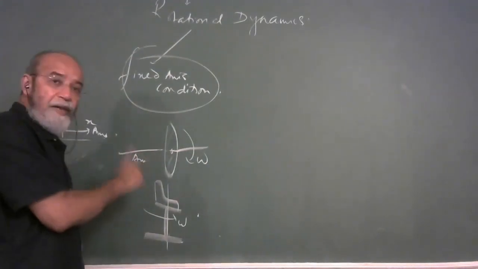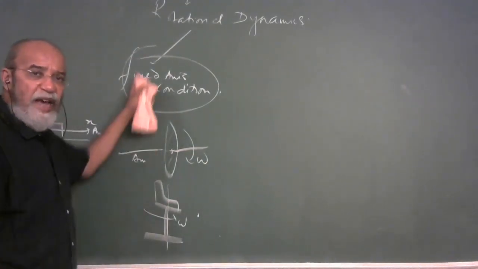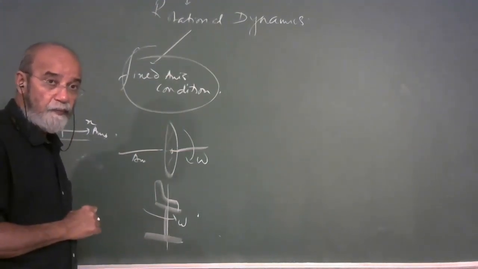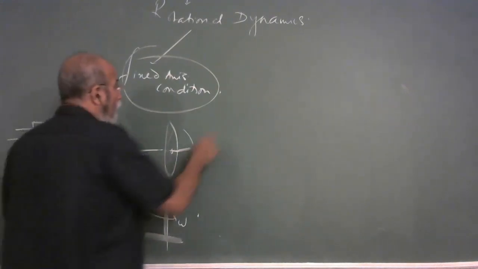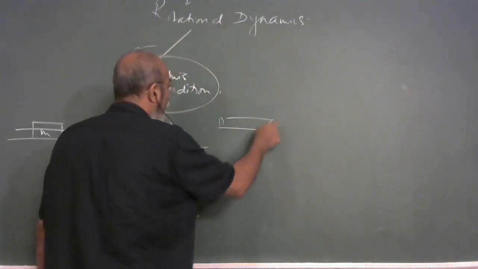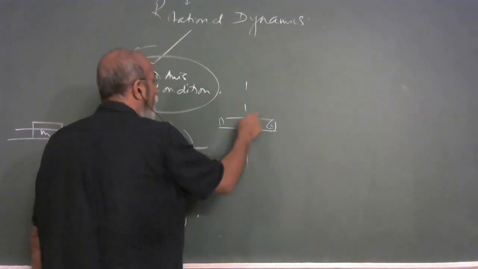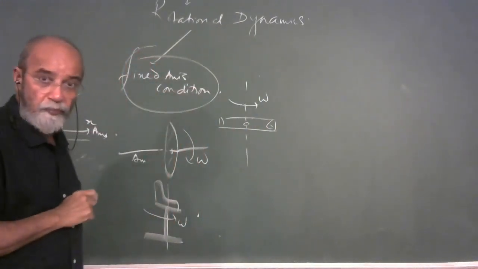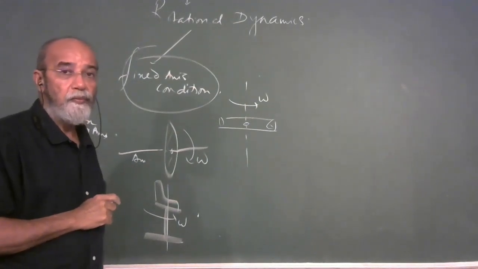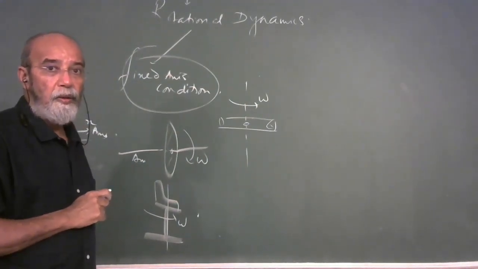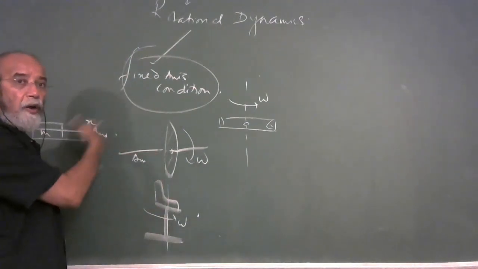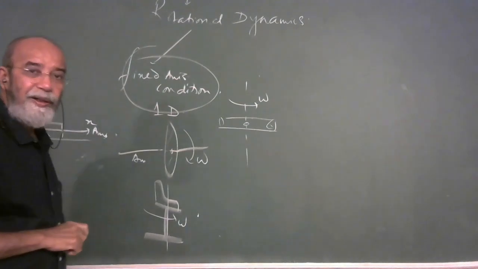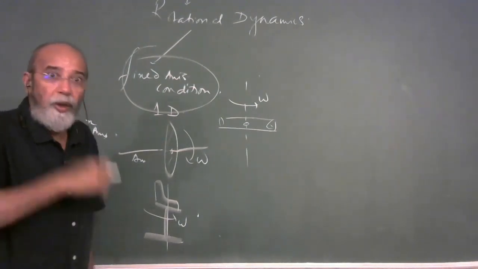The rod has to rotate about this axis. Fixed axis condition. Analogous to 1D.